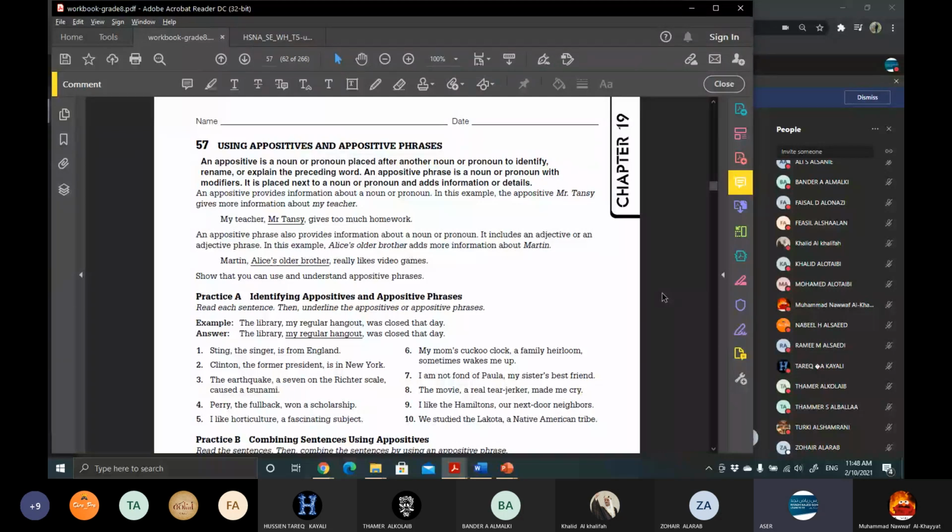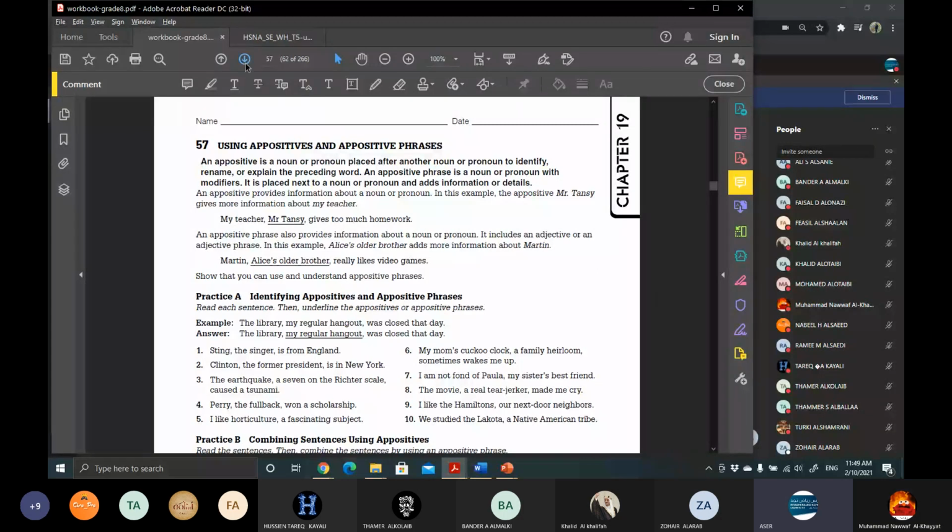So to speak about apostrophes and apostrophe phrases, we need first to understand what is the meaning of an apostrophe or an apostrophe phrase. Have you heard that name before? Not at all. I believe I have given you preceding examples.